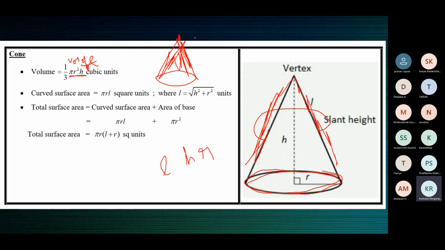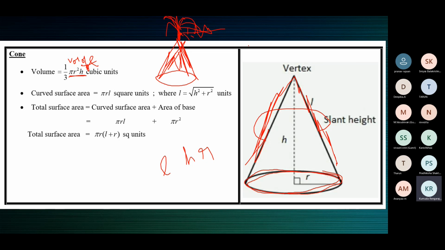You bring a sparkler near this, so it catches a little amount of fire and then it pours out sparkles, right? All of you know that. So that flower pot is an example of a solid cone.